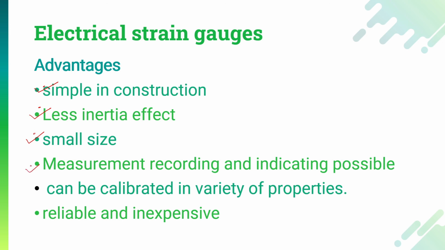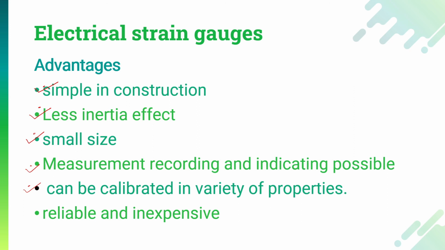Next, the output of the gauges can be utilized for recording and indicating purposes. It can be indicated on LEDs, and it can also be recorded on recording devices. Next, they can be calibrated for a variety of properties.